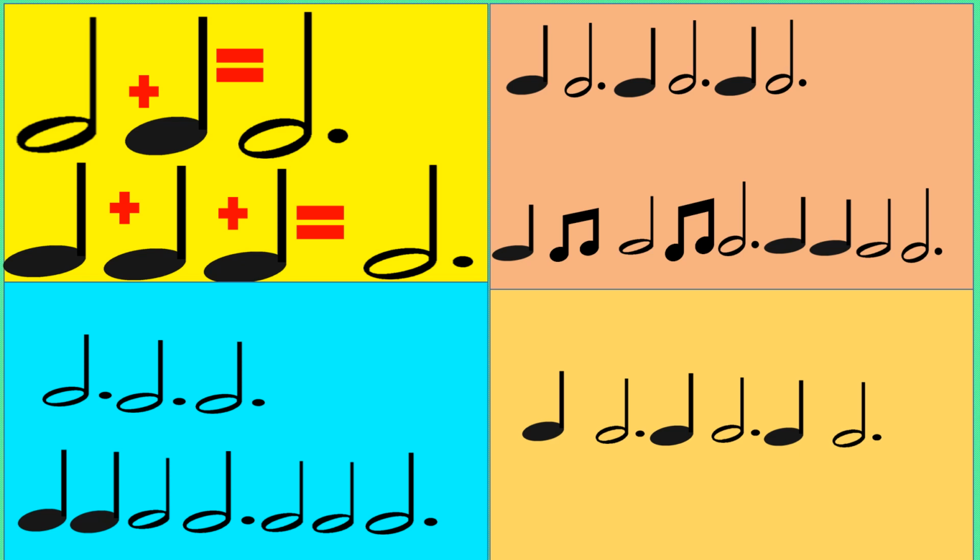So we want to clap this bit: ta-a-a. This will form the dotted minim. So if I clap 3, I also get the dotted minim. When you look down here, we have some examples. Try to clap them as I go along.